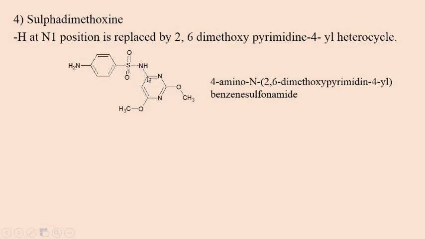So this is 4-yl. So 4-amino, N in bracket, 2,6-dimethoxypyrimidin-4-yl benzene sulfonamide, because substitution is only at the N1 position.